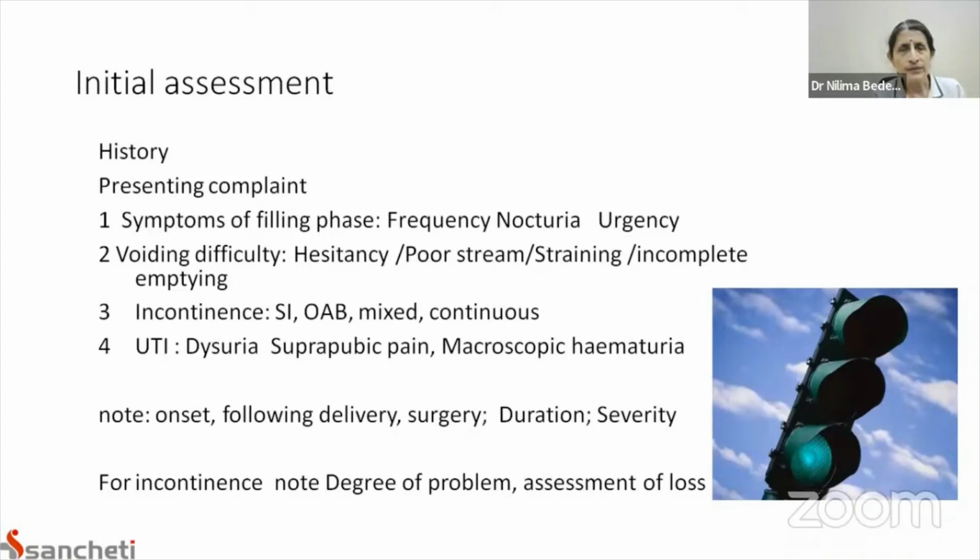If the person gets stress urinary incontinence, the person first tries to void more times so that even if the pressure is there, the leakage will be less. This is what happens when the person initially starts getting stress urinary incontinence: she tries to keep the bladder empty and tries to reduce the intake.